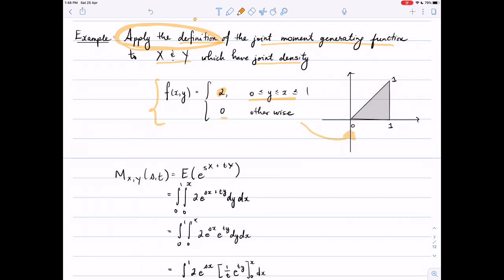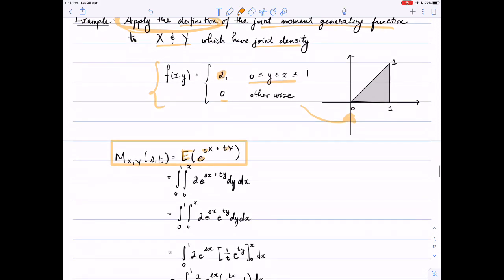So using the definition of the joint moment generating function, it is the following: the expected value of e to the sX plus tY integrated over the support. This is LOTUS that we're doing here. So the integral from minus infinity to infinity becomes an integral over the support of the variables.